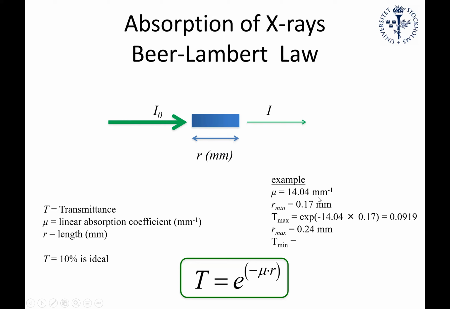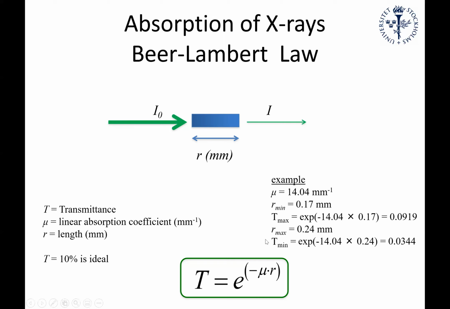So say now after rotating the crystal, the length of the crystal in the beam is 0.24 millimeters. So then we can put this in the same equation again. But now for R, we have 0.24 instead. Now this gives us a transmittance of 0.03, so about 3%. So this is considerably less, but at least you still have some X-rays going through.